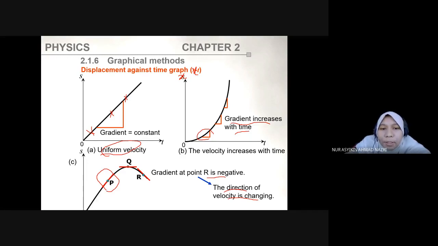Maksudnya, it used to represent the velocity is direction. Okay, direction of velocity is changing. So mungkin dapat value yang sama, magnitude sama, lain. Okay, so at point Q pula 0.